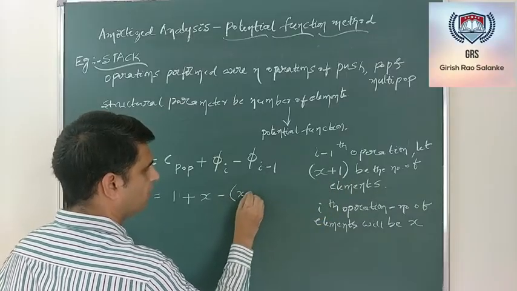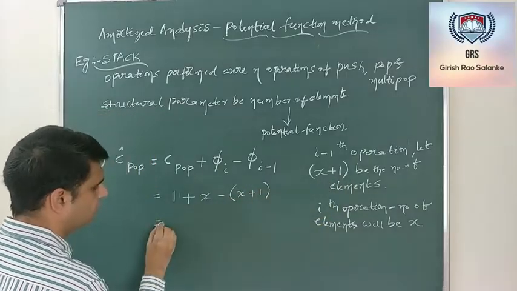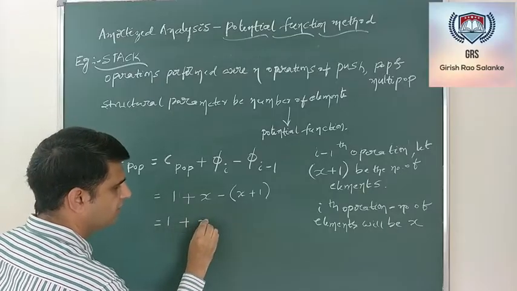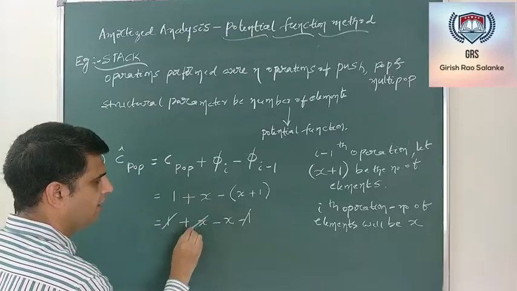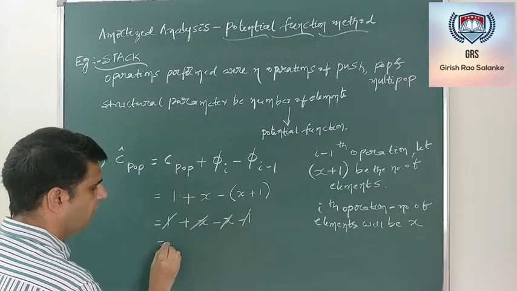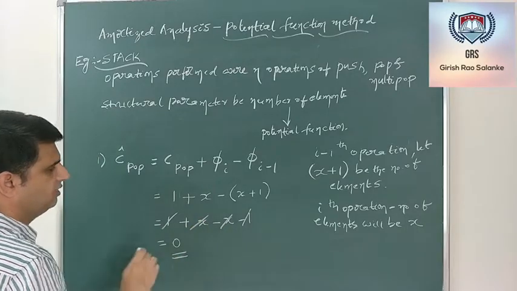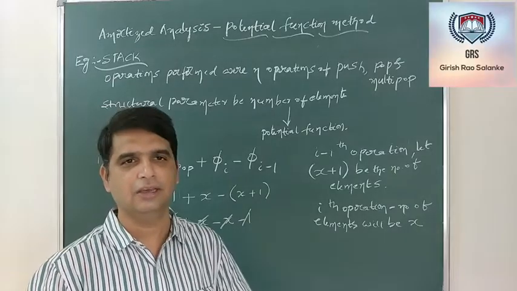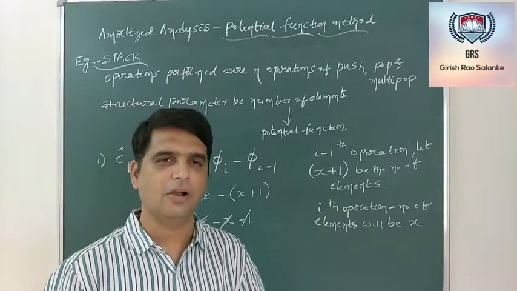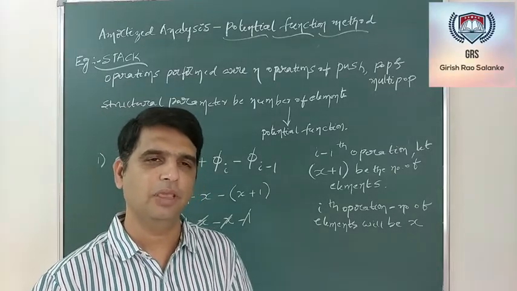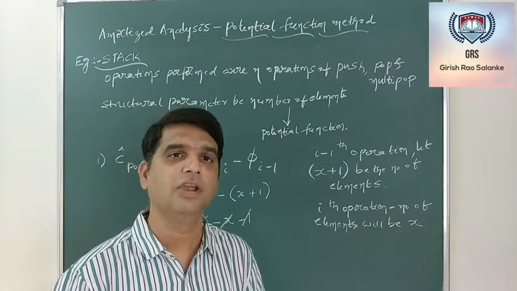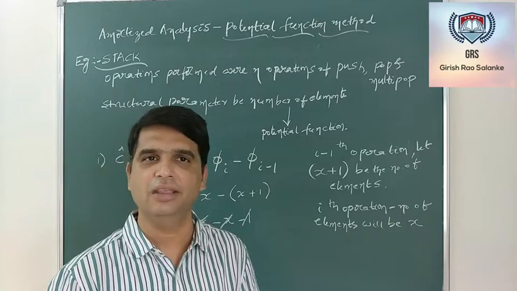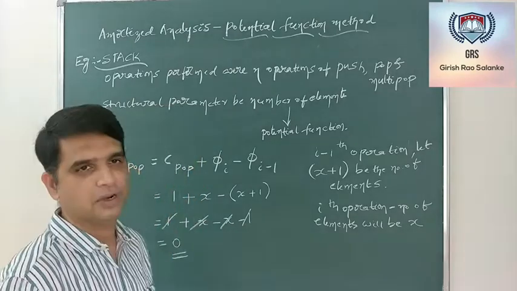So this becomes 1 plus x minus x minus 1. The 1 and minus 1 get cancelled, and plus x and minus x get cancelled, so the answer is 0. Compare this with the accounting method, where the pop operation was a free operation. We never charged anything for performing the pop operation.